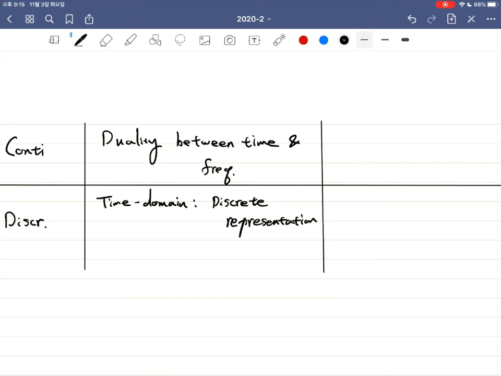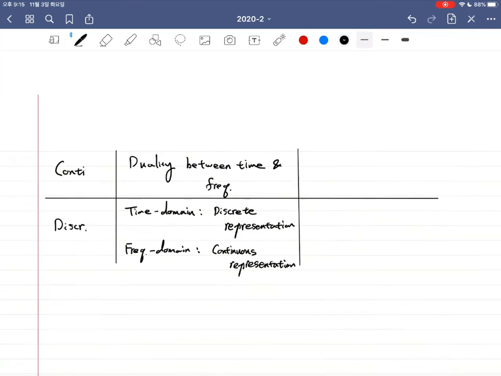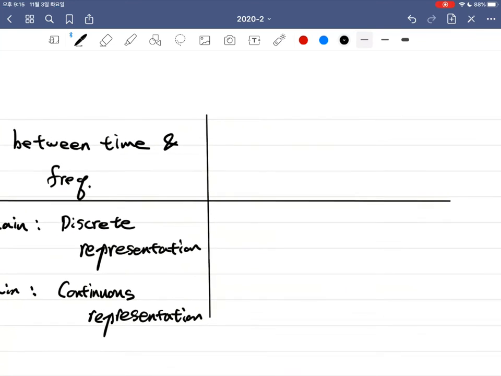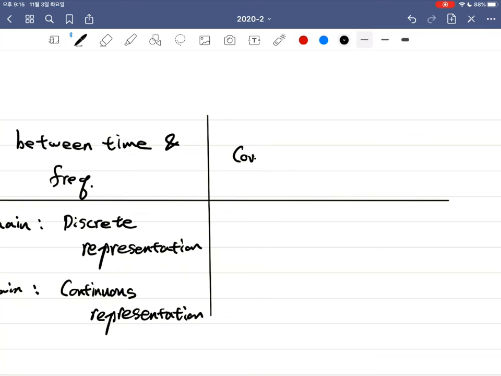However, even though you have a discrete signal, if you compute the Fourier transform and hand over to the frequency domain, then you will have a continuous representation. And in continuous time, you have to cover the entire frequency range.